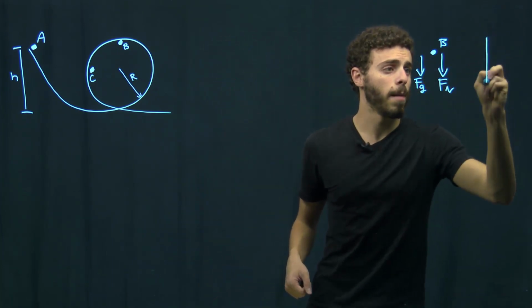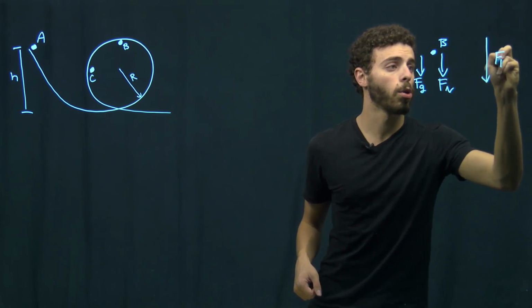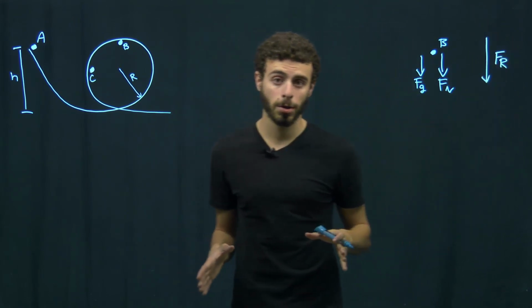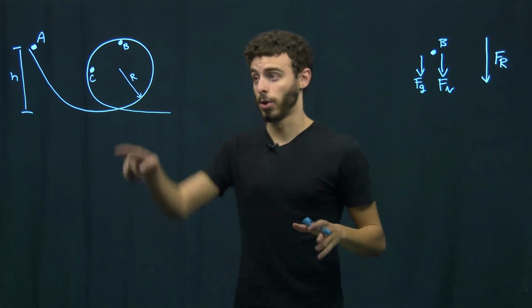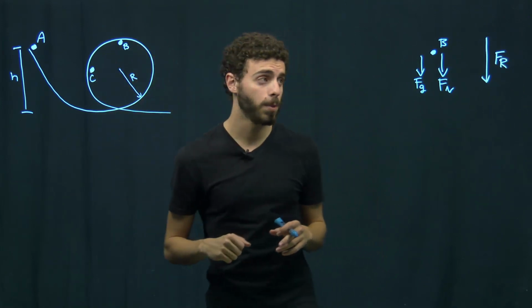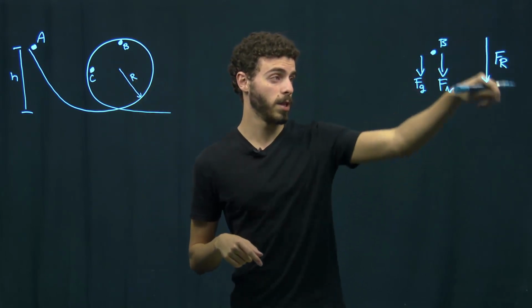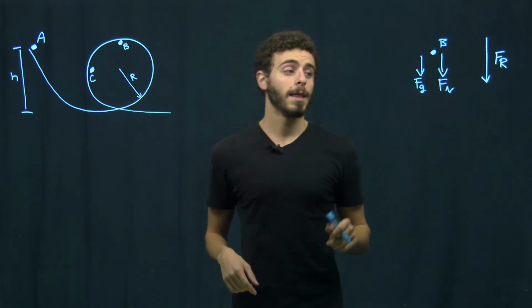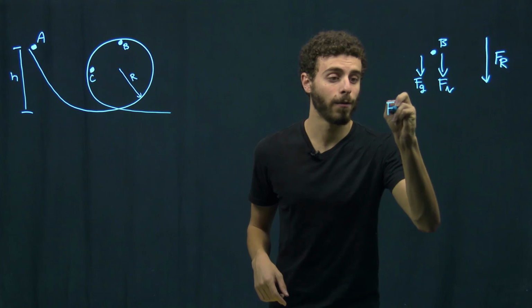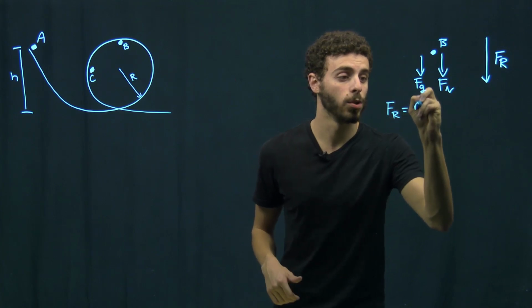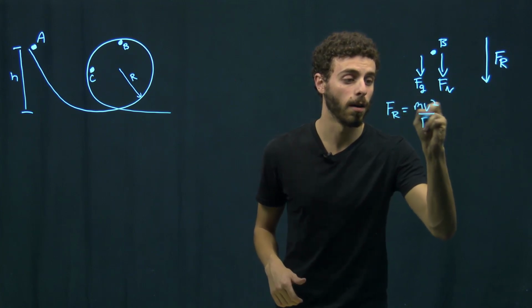And then we also want to remember that in order for there to be circular motion, which is the condition that we want, since we're told we want it to keep traveling around in this loop, we need there to be some radial force pointing towards the center of the circle, which in this case is straight down. And we need that to have the form F radial must be equal to mv squared over r.